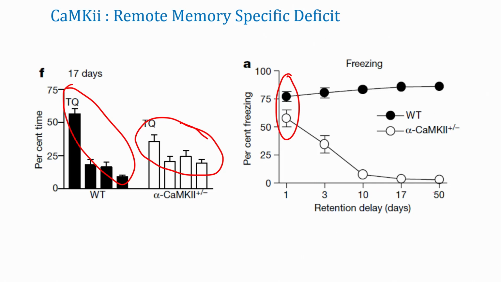However, if you wait a reasonable time, say after 10 days, they fail to retrieve these memories. Here we have created a new kind of memory deficit, wherein the hippocampal dependent recent memory is absolutely fine. However, the ability of the animal to retrieve this over a long period of time, the remote memory, is lost.